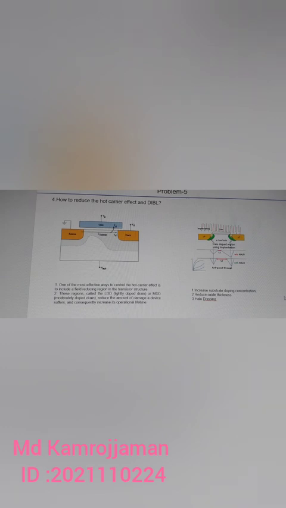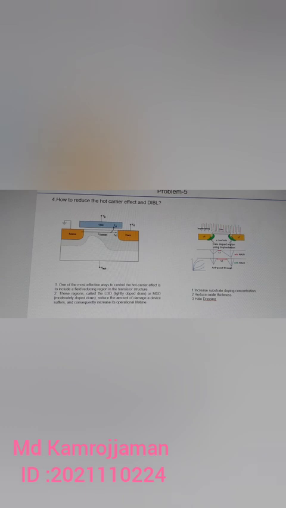How to reduce hot carrier effect and DIBL? This is question number 4 for problem 5. One of the most effective ways to control the hot carrier effect is to include a field reducing region in the transistor structure.